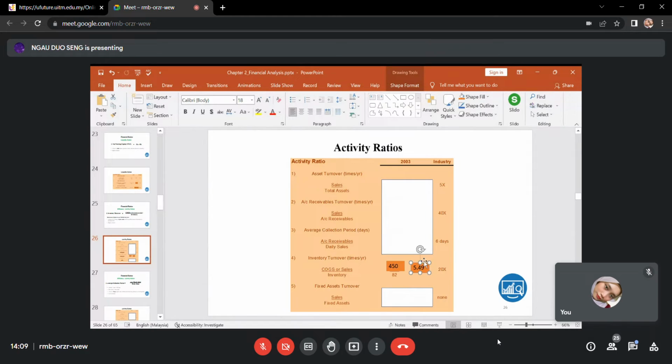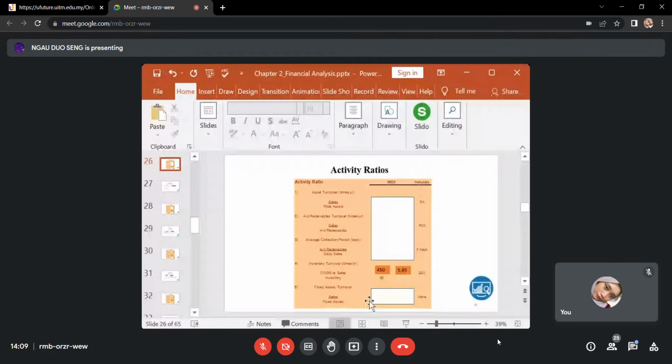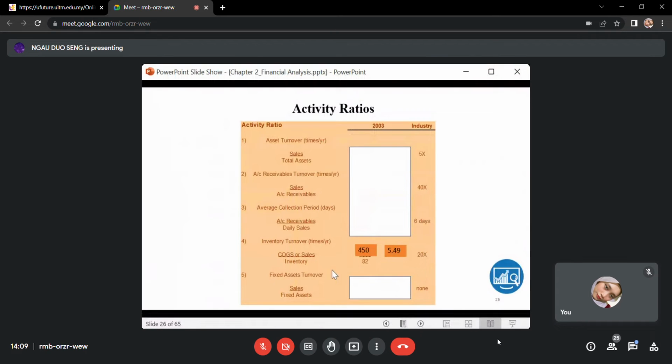That one is just wrong. So you check your answer: 450 divided by 82. Because we have cost of goods sold, we use cost of goods sold, so we have 5.5. We compare to the industry, which is 20. So the industry is better than the company.